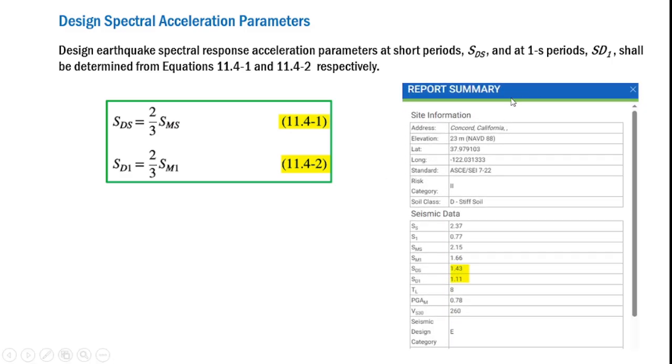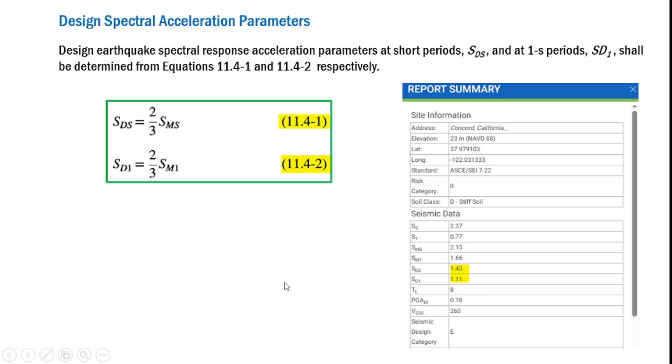The report summary that comes from the ASCE tool also provides you the SDS and SD1. As you can see, SDS is nothing but 2/3 of my SMS value, that is 2/3 of 2.15, which is equal to 1.43, and SD1 is nothing but 2/3 of SM1, that is 2/3 of 1.66, which is 1.11.